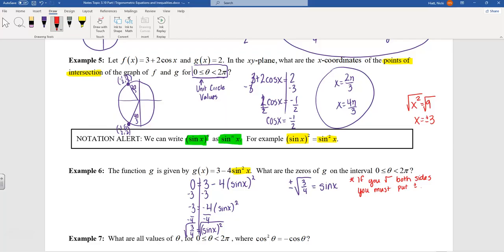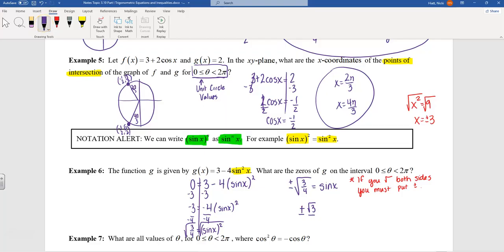But when we have square roots, we can just square root the top and square root the bottom. Okay? So I'm going to still have my plus or minus. And then I cannot take the square root of 3. But can I take the square root of 4? I can.